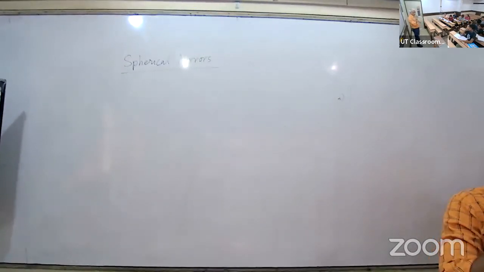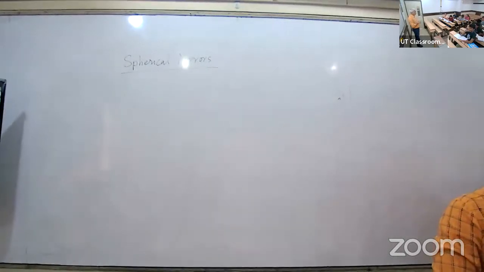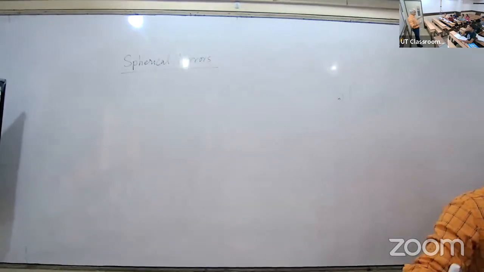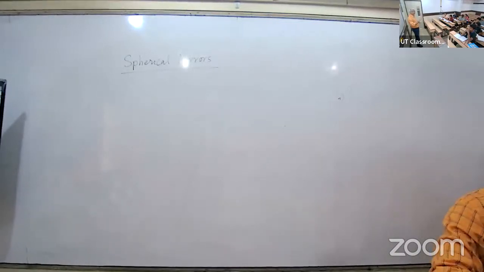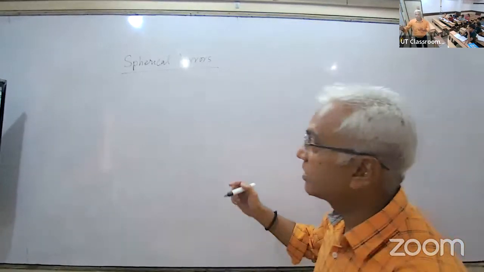Where else do you see mirrors? Vehicles. The vehicle mirrors are not plain mirror. Have you seen? They are slightly curved, like this. Okay, so let's understand spherical mirrors. There are two types.